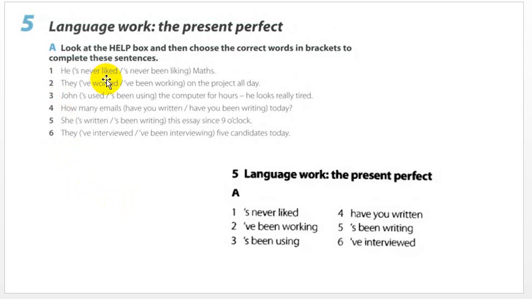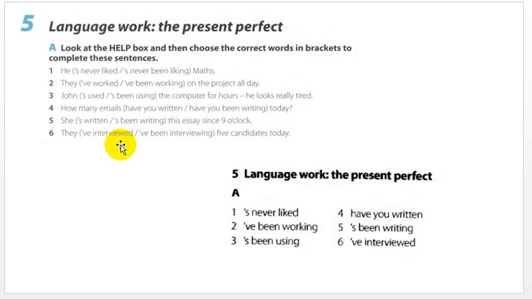He has never liked maths. It means in the past he has never liked it, in the present he has never liked it, and he might not like maths in the future as well.